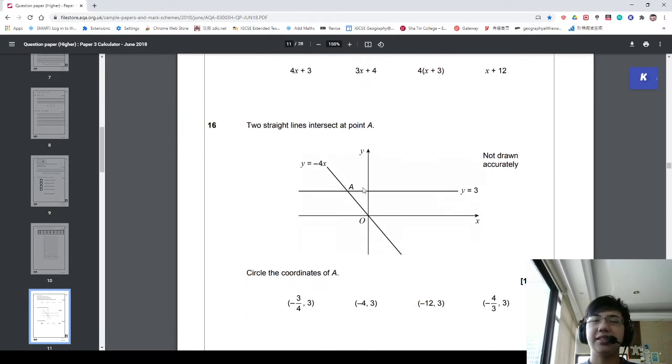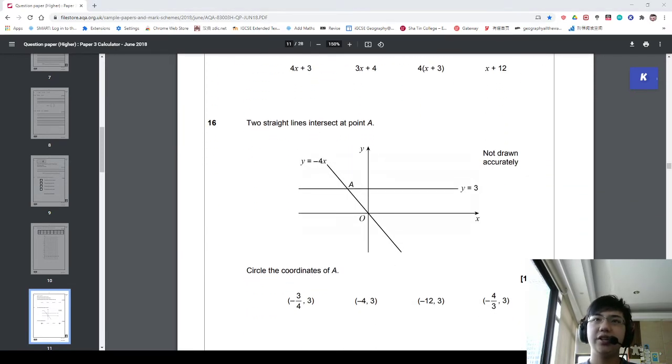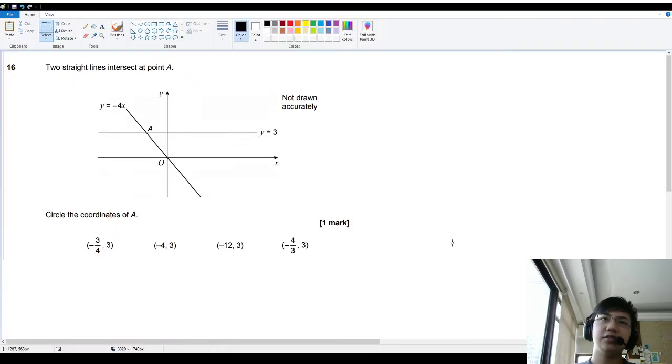Moving on to question 16, we are given 2 straight lines that intersect at point A, and we need to calculate the coordinates of point A. To figure this out, we simply write that negative 4x equals 3. Since both are intersecting at the same point, so the same y value, therefore negative 4x equals 3.